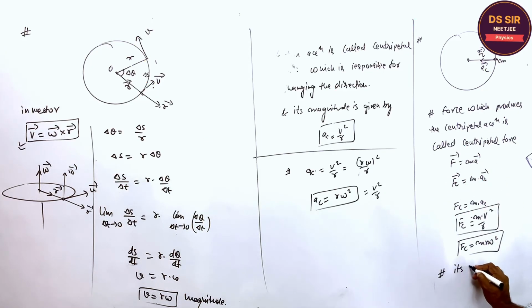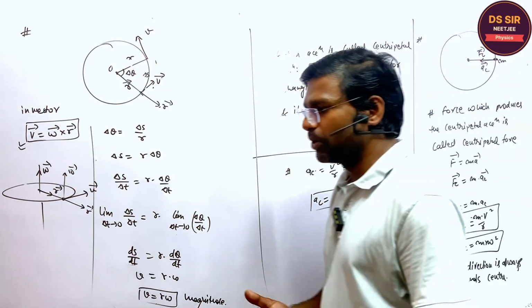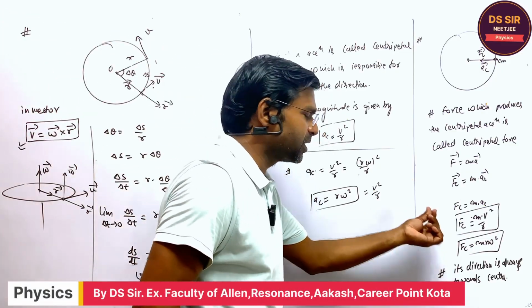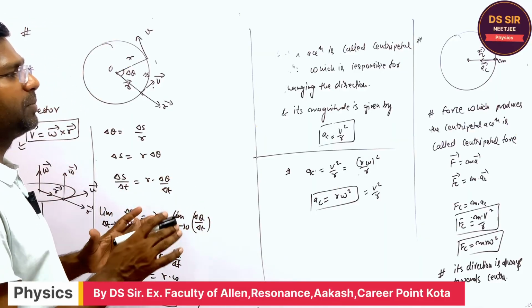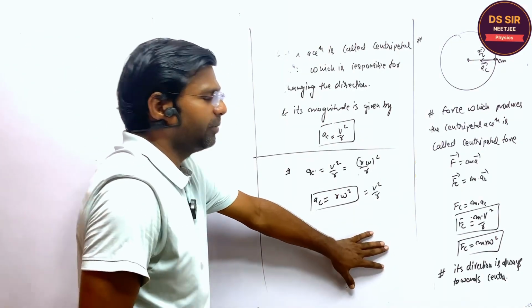Its direction is always towards the center. Do you understand or not? Without force, how can acceleration be produced, right? So the force responsible for producing the centripetal acceleration is the centripetal force, and this is the magnitude. Copy this.